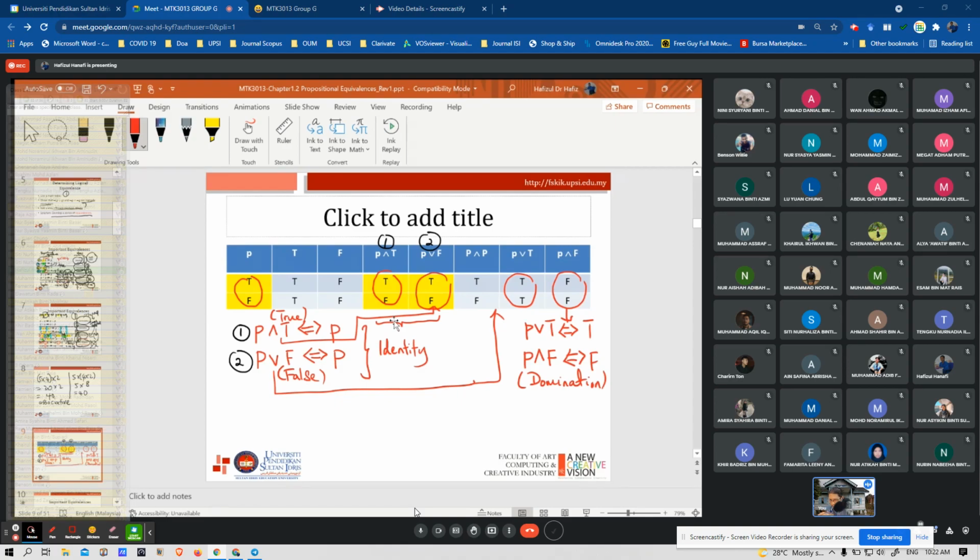Okay, and then P or T is equivalent to T, true. P and F is equivalent to F. This one is domination. This one is identity. Okay, so far is it okay? Identity and domination.